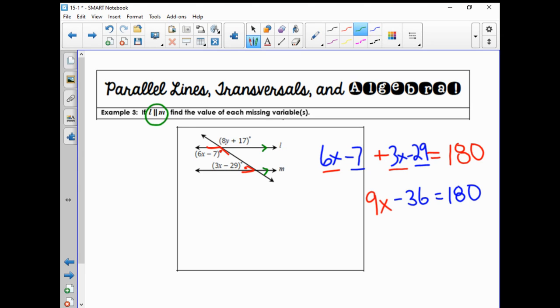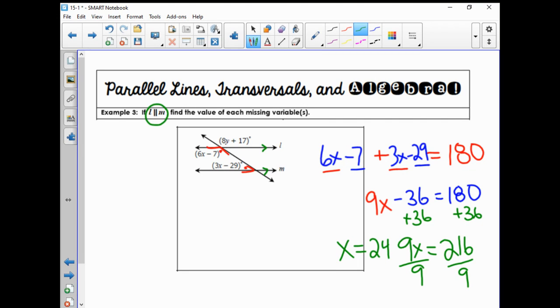When we go to solve, we are just going to add 36 to both sides. 9x is equal to 216, divide by 9, and x here is equal to 216 divided by 9, that is equal to 24.